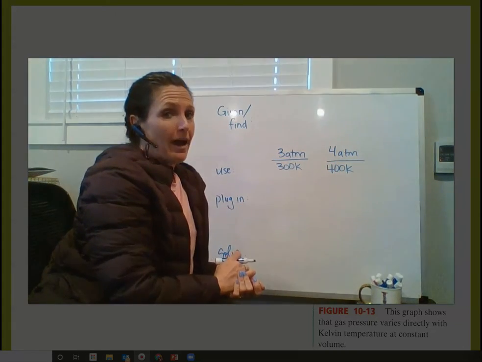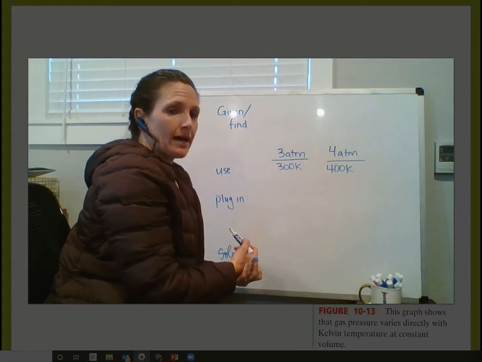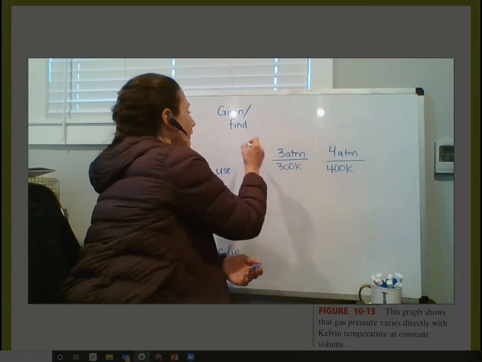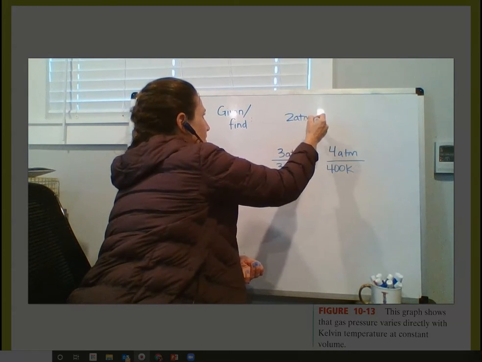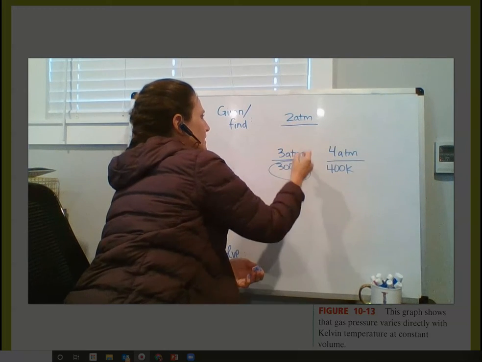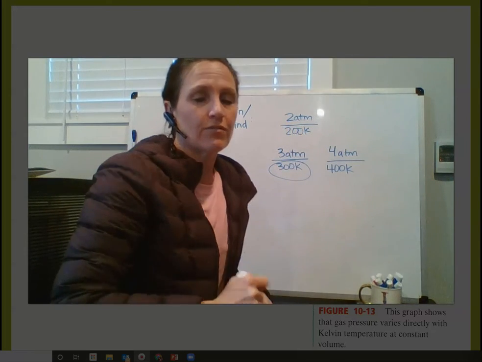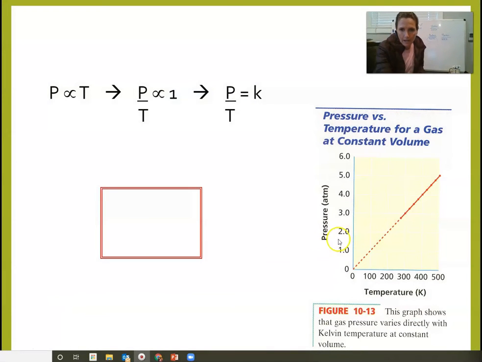And what we're seeing is a pattern to our ratio, right? If I go back and look at 2 atmospheres of pressure, we're expecting 200 Kelvin. So let's go back and confirm that that's what we see on our graph. We come back to 2 atmospheres of pressure here, and sure enough, here we come down to 200 Kelvin.